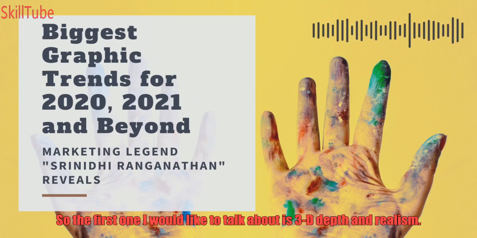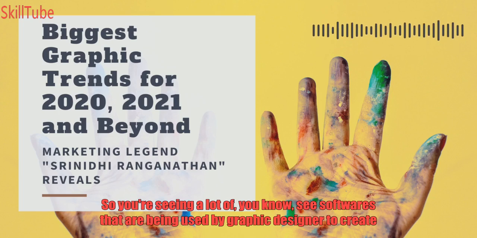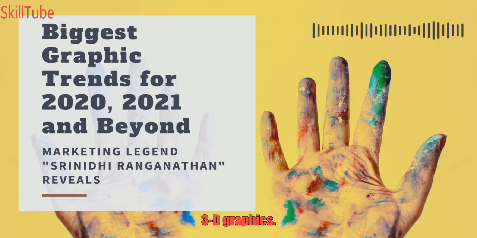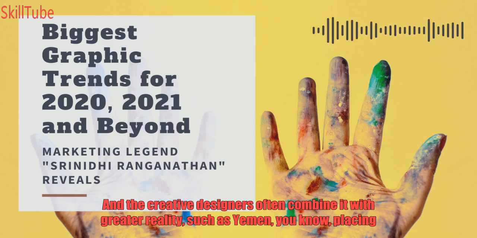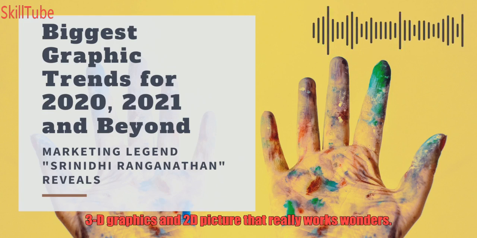So the first one I would like to talk about is 3D depth and realism. So you'd have seen a lot of software that is being used by graphic designers to create 3D graphics, and the creative designers often combine it with greater realities, such as placing 3D graphics in a 2D picture. That really works wonders.